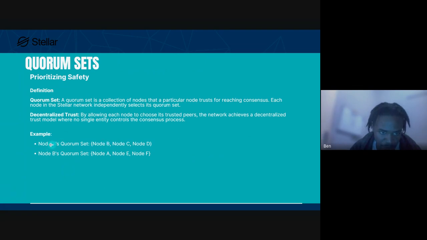I'm running node A. I can put a setting in the configuration to say that if 3 out of 4 nodes in my quorum set agree on a transaction, then I'm also going to agree. Or in this case, where we have three nodes in the quorum set, if 2 out of 3 nodes agree, then those 2 are the threshold.